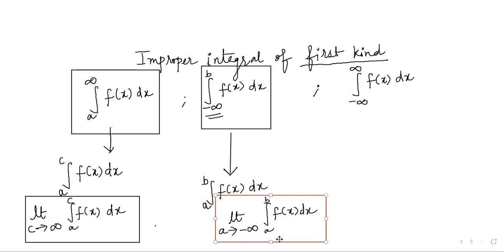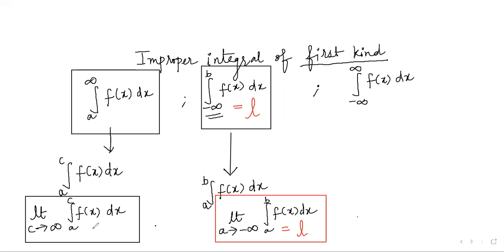If this limit exists, having some finite value, then this improper integral will exist. And suppose we say that this is equal to L, then the value of this improper integral will be L.